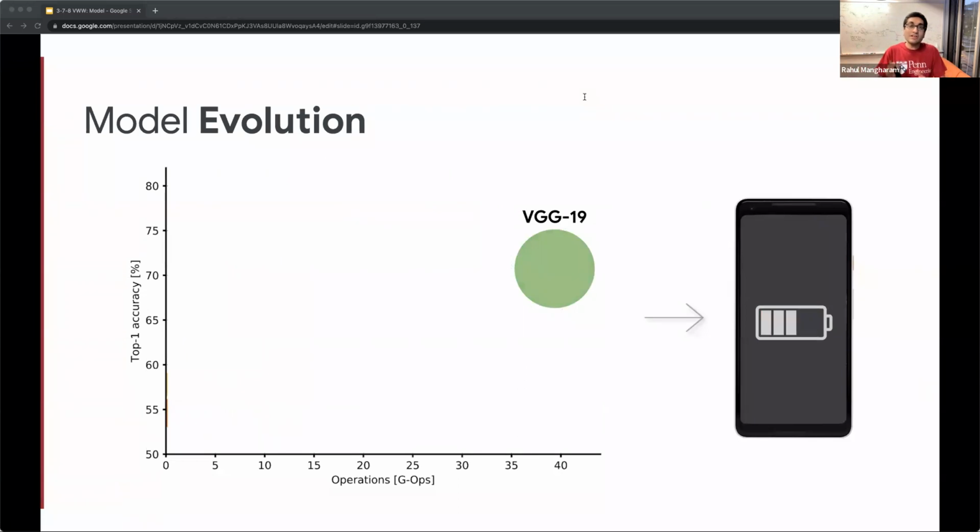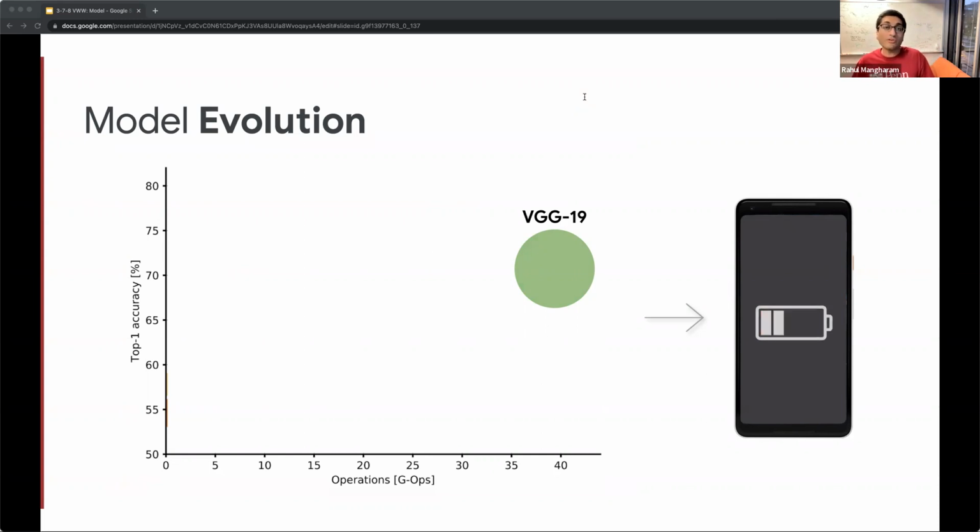If you want to shrink models down, there are two fundamental things. You have to shrink down the number of parameters inside the model. The size of the circle here corresponds to the number of parameters. For example, in VGG19, there are over 155 million parameters. You want a network that is small in terms of parameters. The other thing you want is to make sure that it runs efficiently.